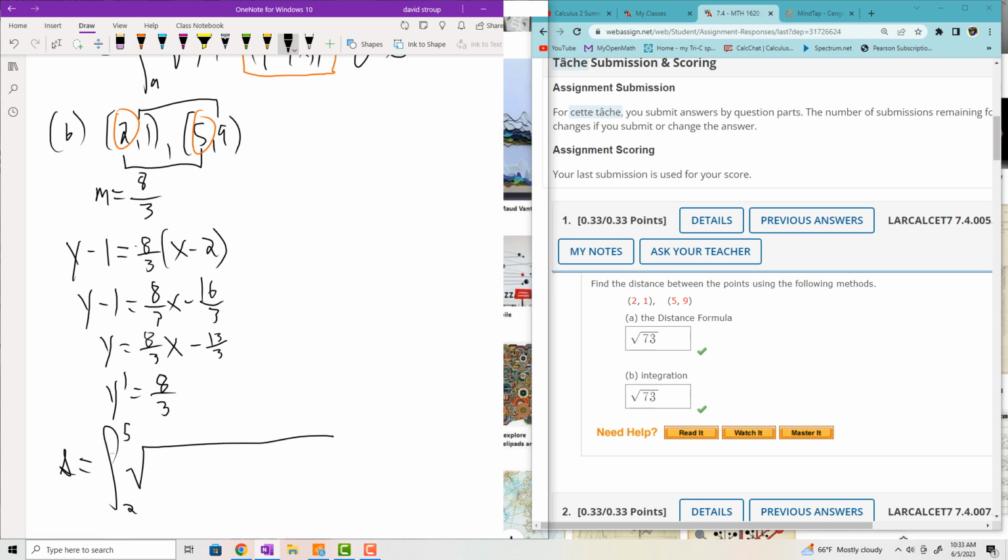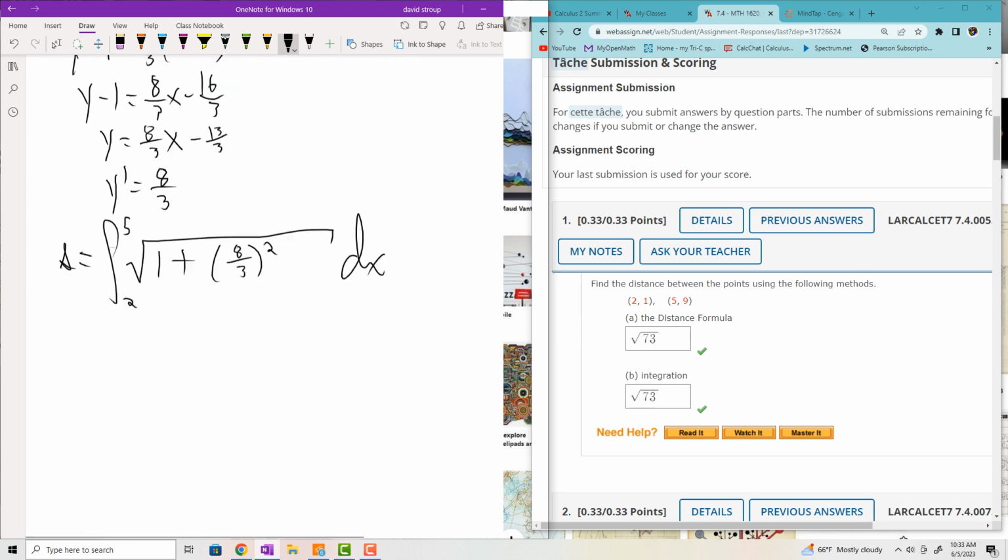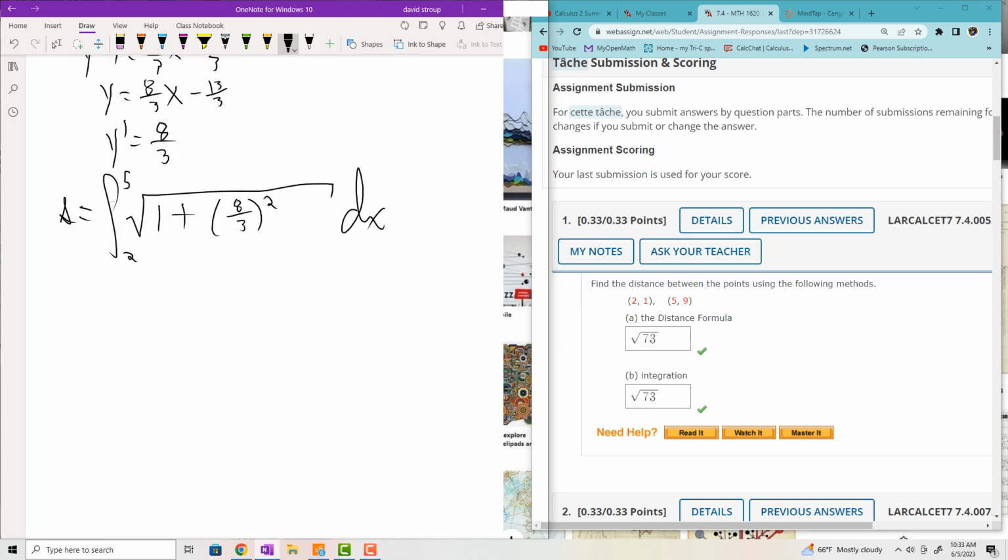And then it's going to be the square root of 1 plus y prime squared. So you get 8/3 squared dx. Okay, and then our answer should be square root 73. So let's see if that works. The integral of the square root of 1 plus 64/9, and rewriting the number 1 as 9/9, we are finding a common denominator and adding them together.